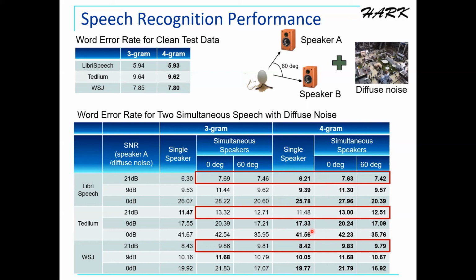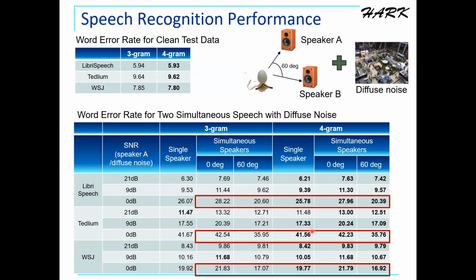And as diffuse noise increases, the performance drops like this. Because microphone array processing is based on spatial information, it is good at dealing with directional noise, but it's not so good at dealing with diffuse noise.